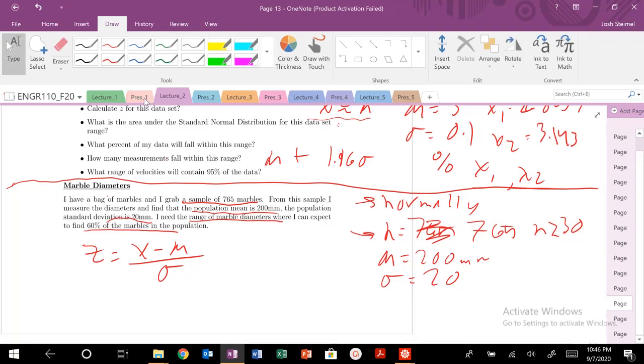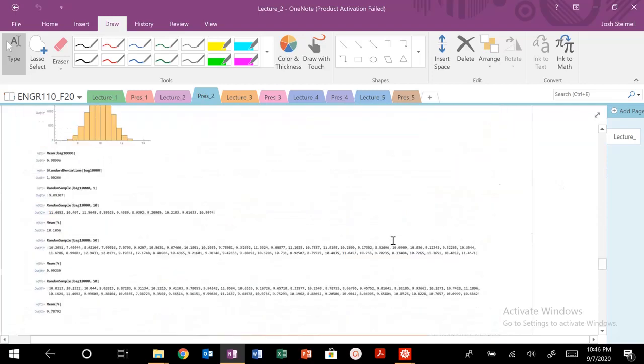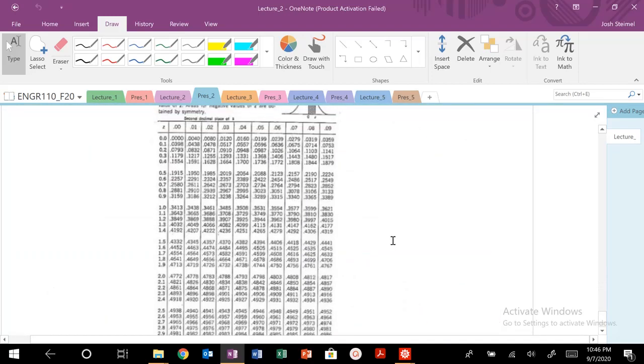So we now need to go to our presentation here, and we're going to go all the way down into our z table. So if I want 30%, because again 60%, but z goes from 0 to z, so it's symmetric. So we're looking at something around 0.845, for example.